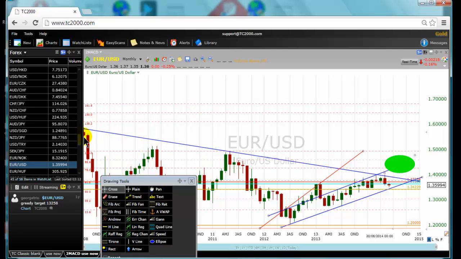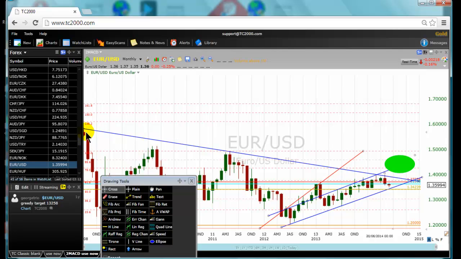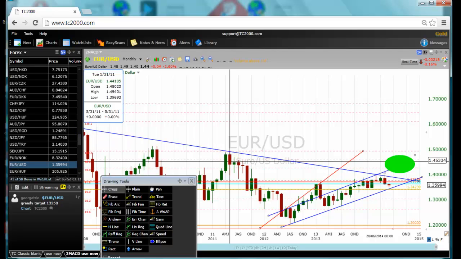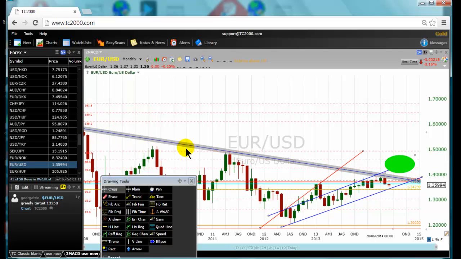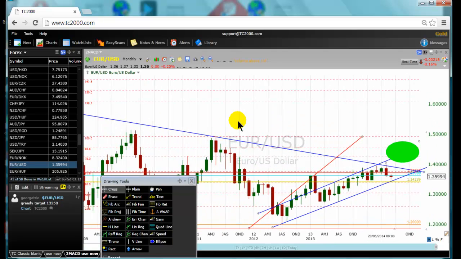It joins the high of July 2008 and the high of May 2011. This allows me to draw this trend line. So for the euro to be completely bullish, it must come above this trend line here.